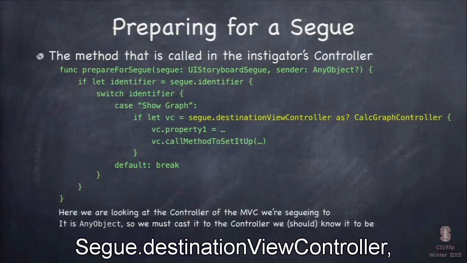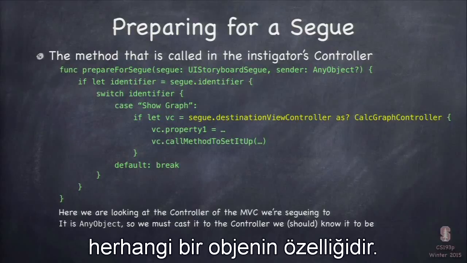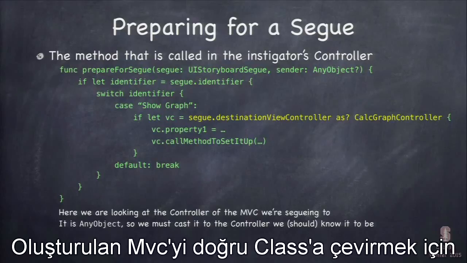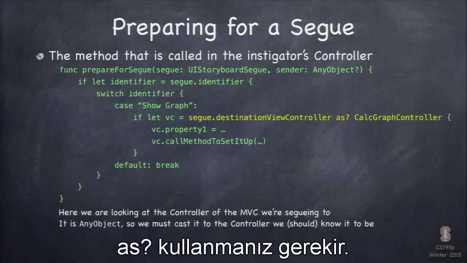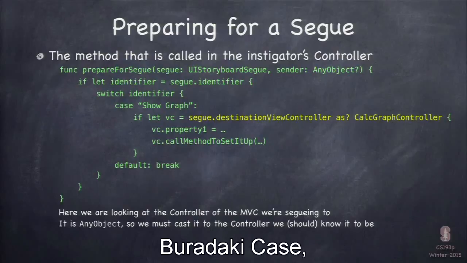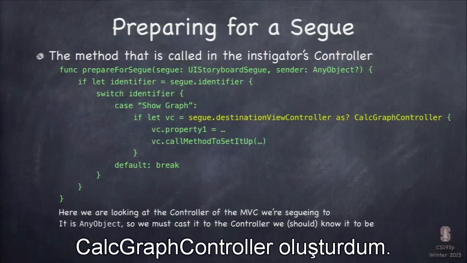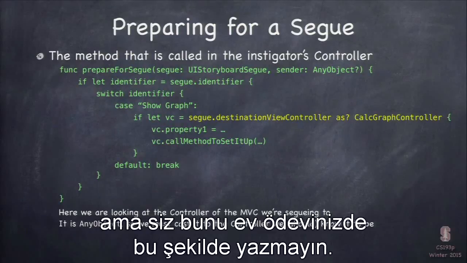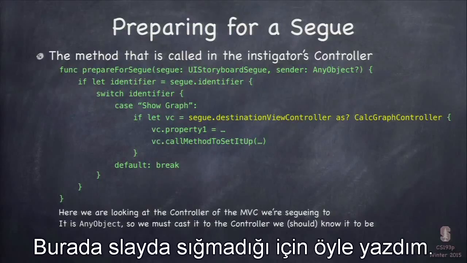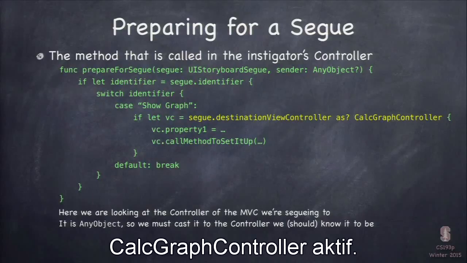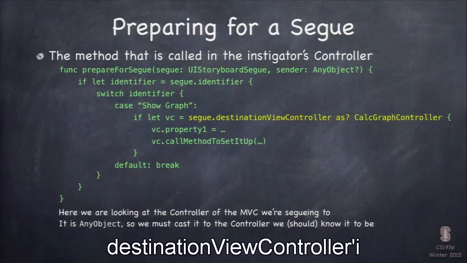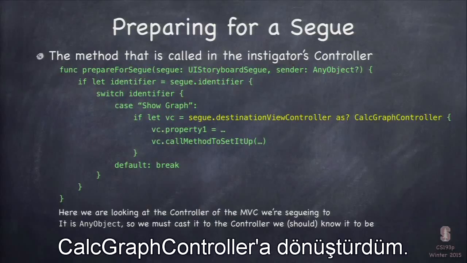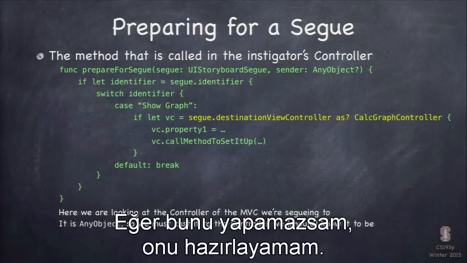Now, the thing is, segue.destinationViewController, that property is AnyObject. So you have to use as to turn it into the right class of the MVC you just created. Now, in the case here, I created a CalculatorGraphViewController. I've abbreviated it here as CalcGraphViewController, although you shouldn't do that in your homework. It's just that it wouldn't fit on the slide here. So I'm turning that destination view controller into a CalculatorGraphViewController. And if I can't do it, well, then I can't prepare it.